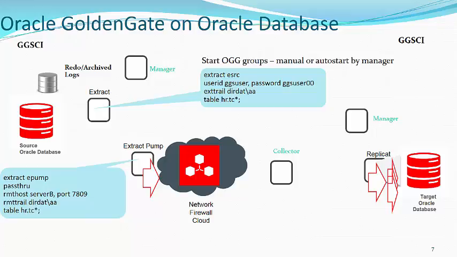The next line, you see something called extract trail. So you define where you're going to put your GoldenGate trail. I decided to put it in the GoldenGate directory. There's a subdirectory called dirdat, and it has a prefix called AA. As I was saying before, GoldenGate trails are just a sequence of trail files, very much like a transaction log.